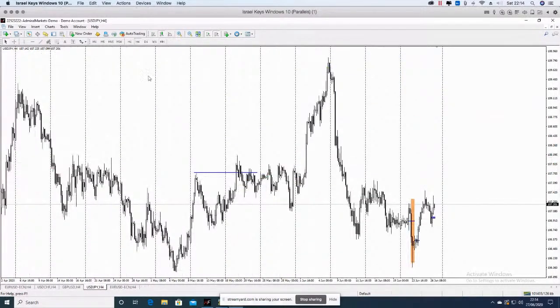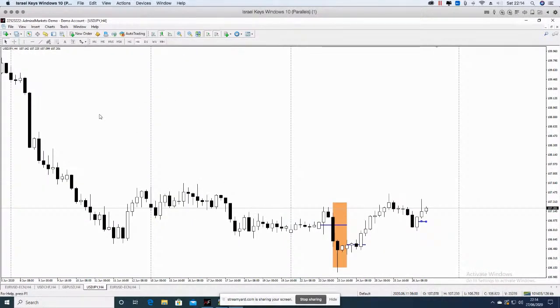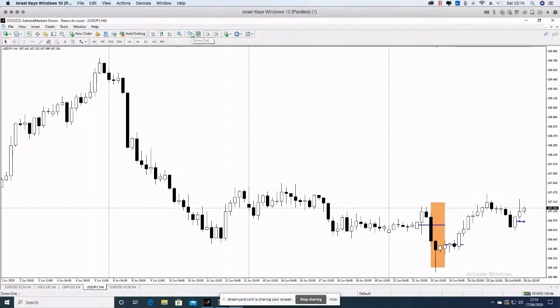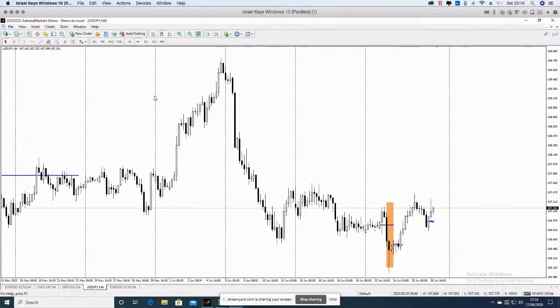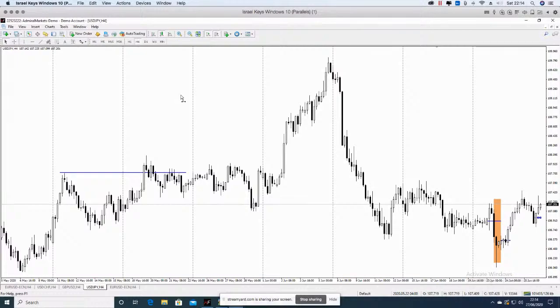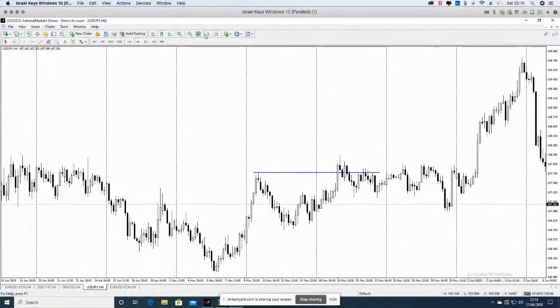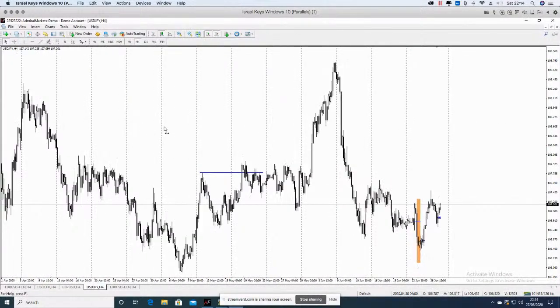Let's look at the 4-hour chart to really see this. I want you to look at the pip ranges on this chart right here. I want you to see the times where in one candle, maximum 2, price traveled a significant distance.